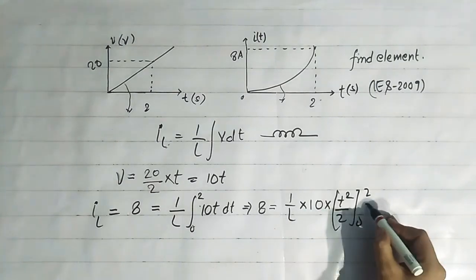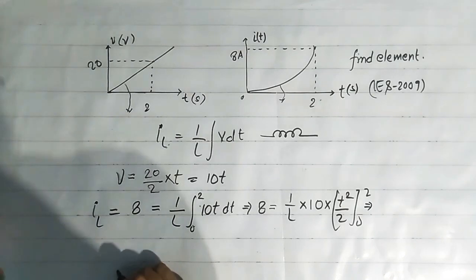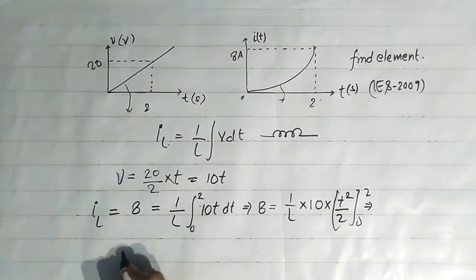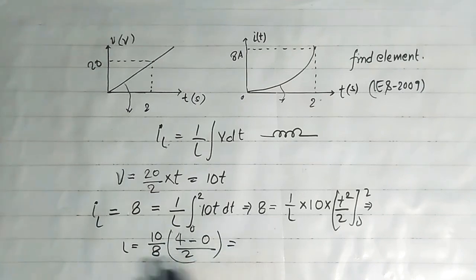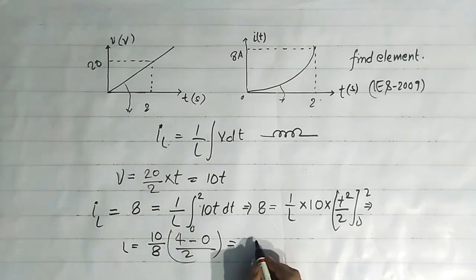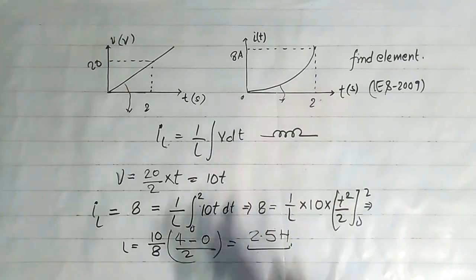Now L is equal to 10 by 8, into 4 minus 0 by 2. That is equal to 2.5 Henry. So this is a very simple question. The answer is 2.5 Henry, and this has been asked in IES 2009.